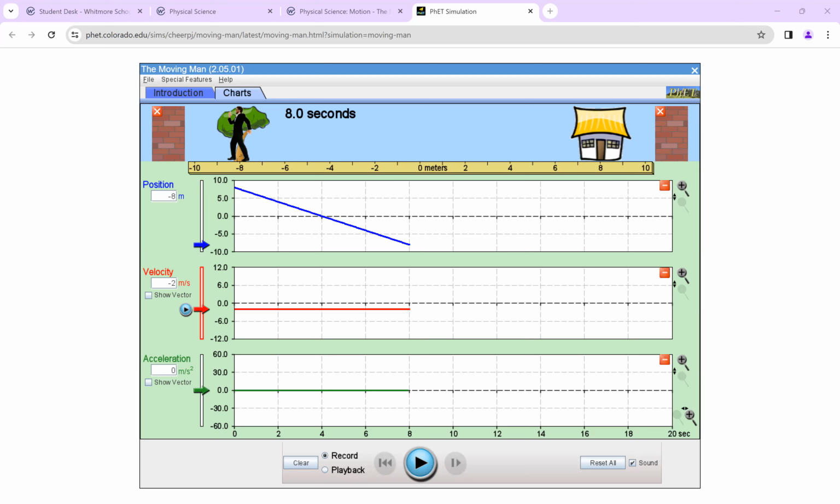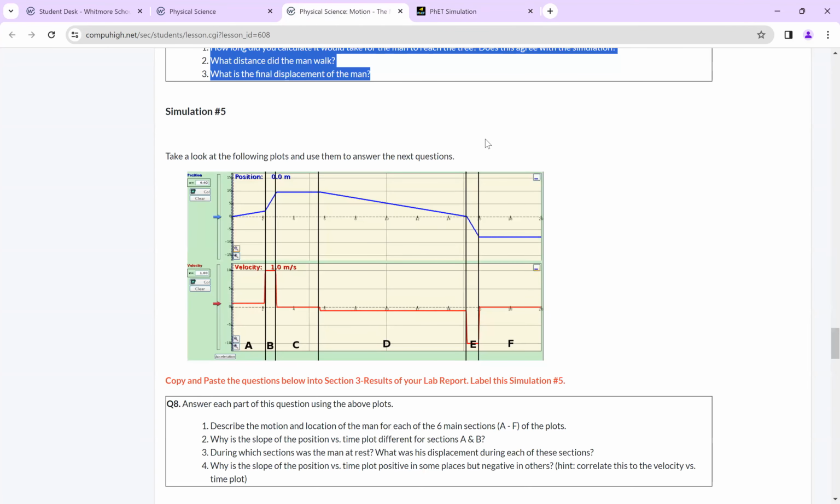All right, I just wrote that: the displacement of the man is 16 meters. Perfect. Sometimes you've got to just do what they ask.